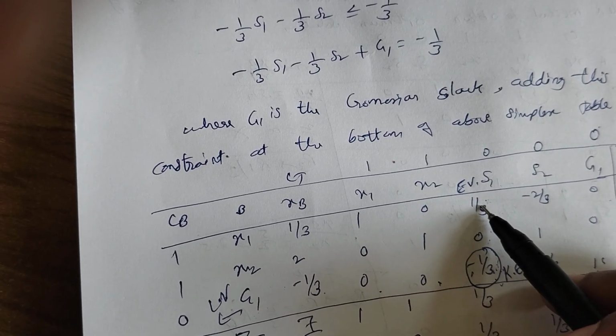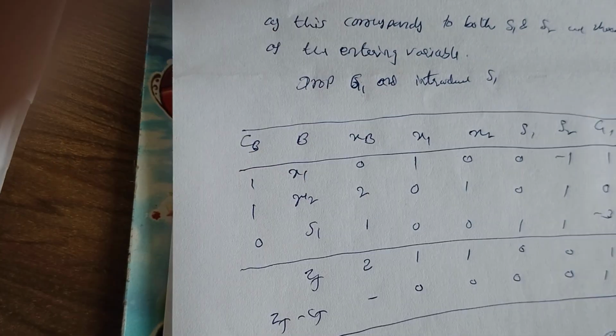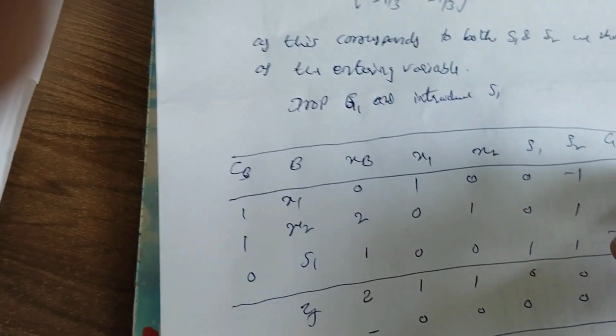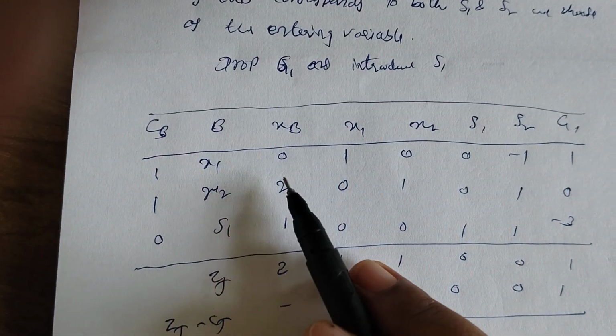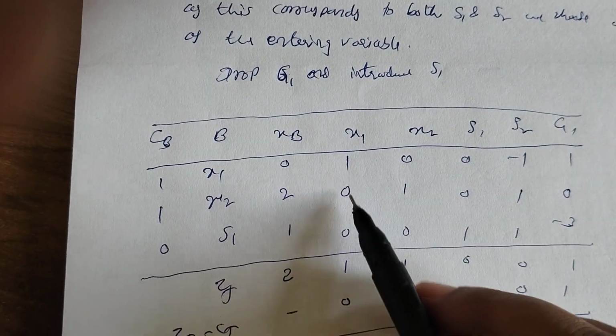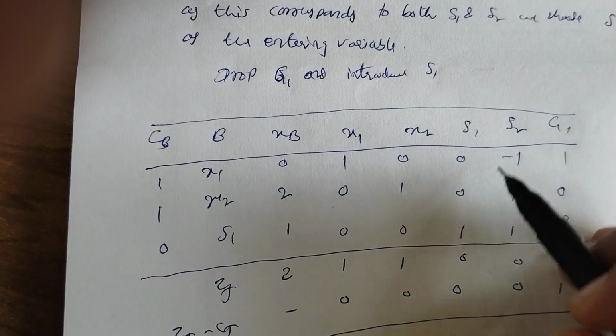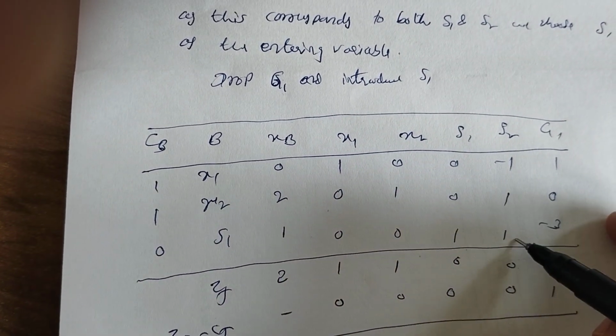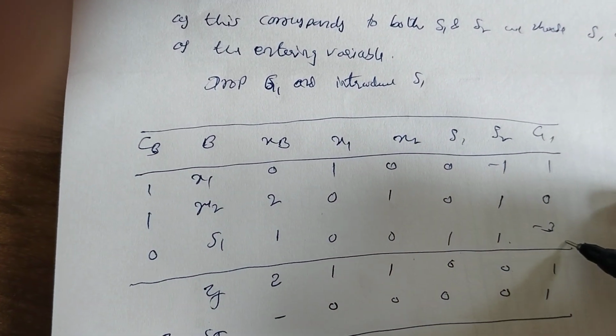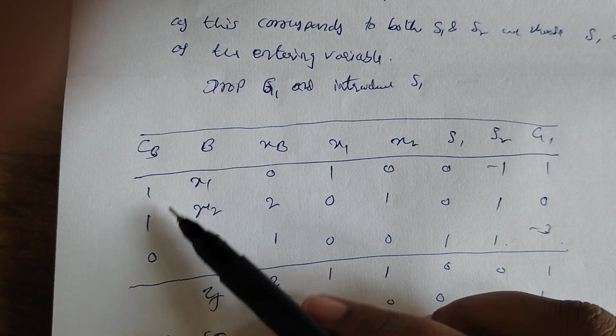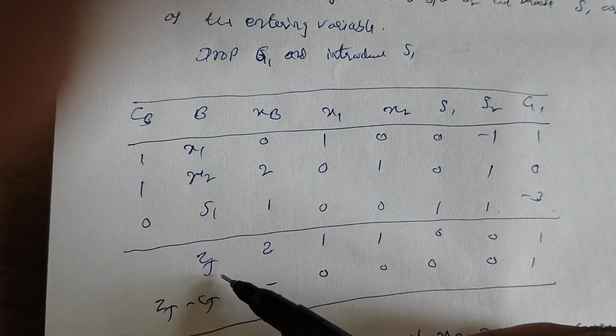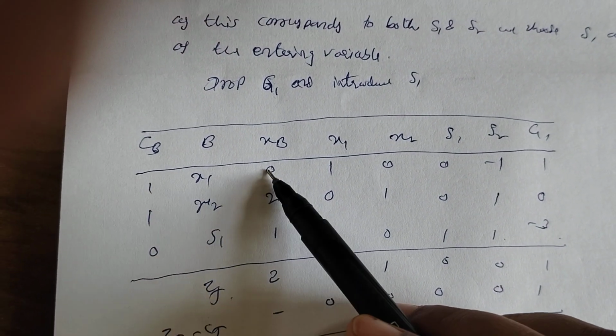By these transformations we will get the last table like this: 0 2 1 1 0 0 0 1 0 0 0 1 and minus 1 1 1 1 0 minus 3.